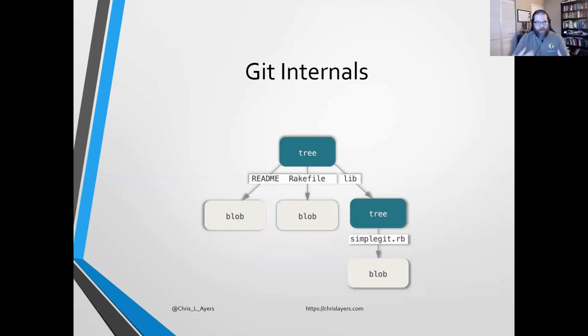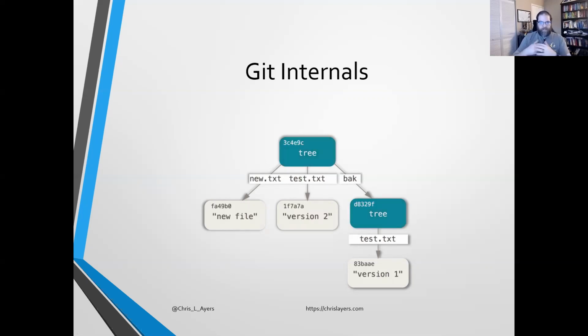If you think about a directory, that's a tree. In this example, the tree is going to say I have three things: a file, a blob called readme, a blob called rakefile, and another tree called lib. That's going to reference this tree, and it will say I have one entry, simple git rb, and that's a blob.